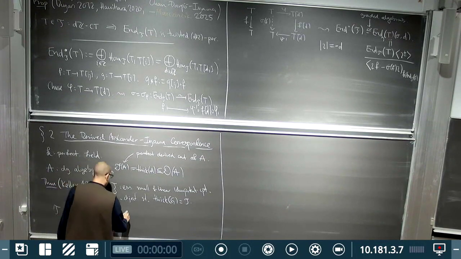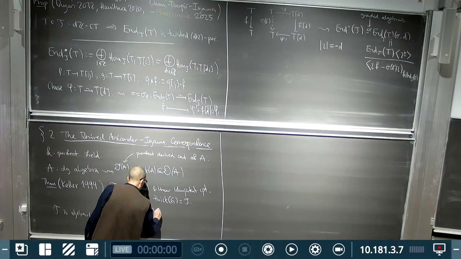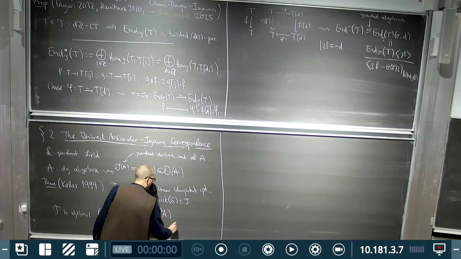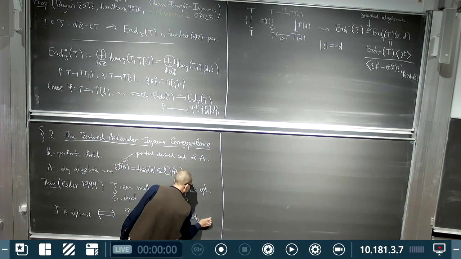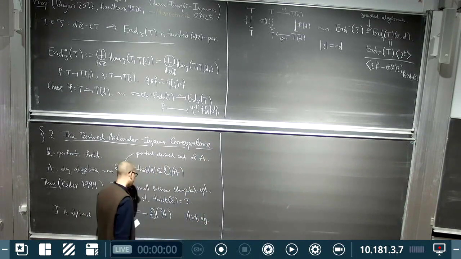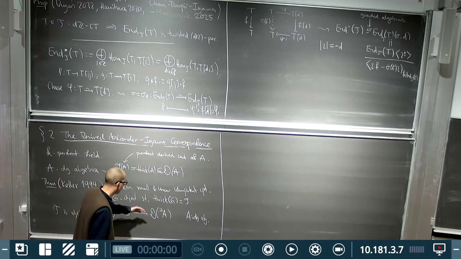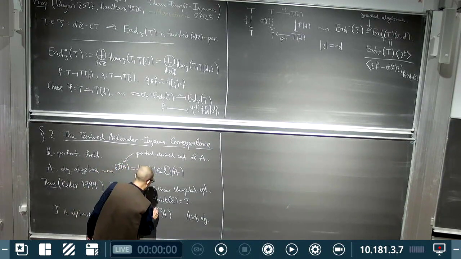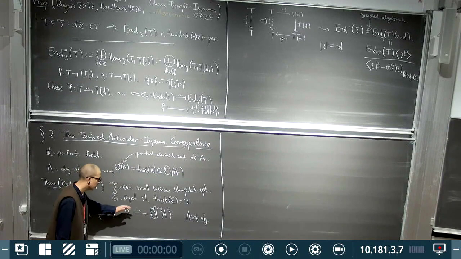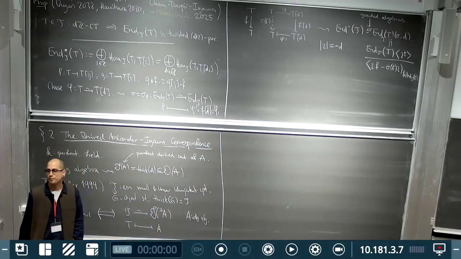This is equivalent to the existence of a DG algebra A over K, of course, and an equivalence of triangulated categories between T and the perfect derived category of A, that exchanges G and A. Yeah?